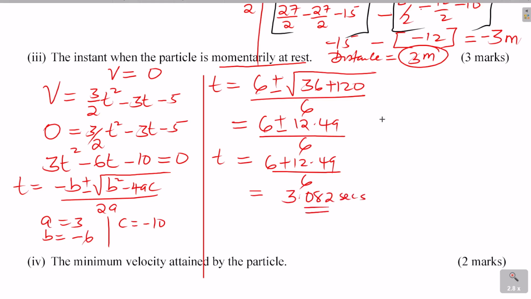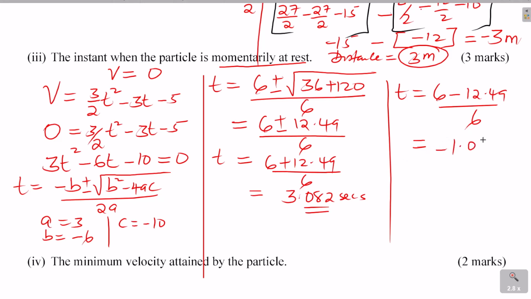That is the value of t. So the second value of t, we now take the negative here. So 6 minus 12.49 divided by 6, and this will give negative 1.082 seconds. So those are the two instances when the particle is momentarily at rest.